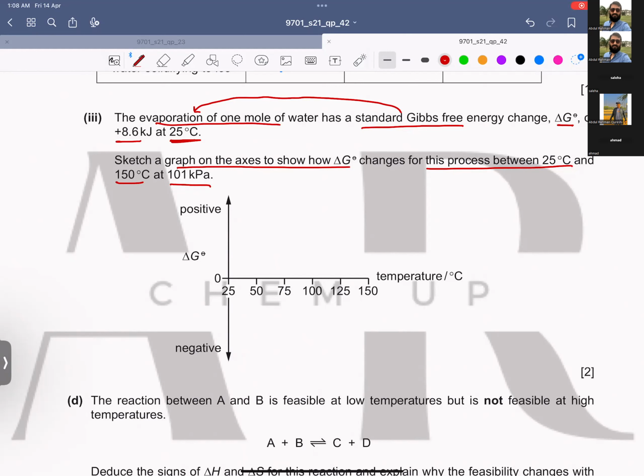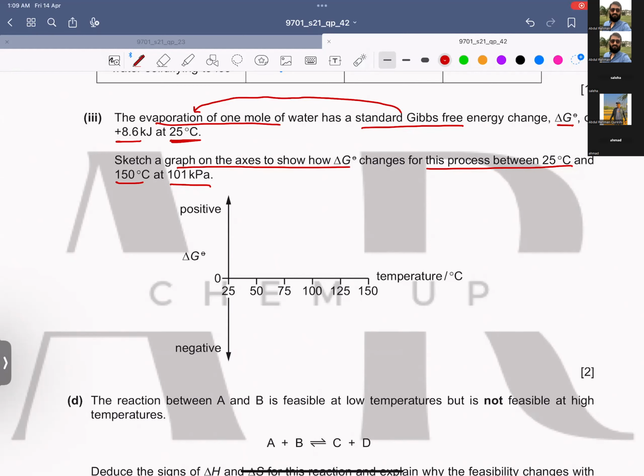And below this boiling point, for example at 99 degrees Celsius, the evaporation would occur, but less readily, or with difficulty.